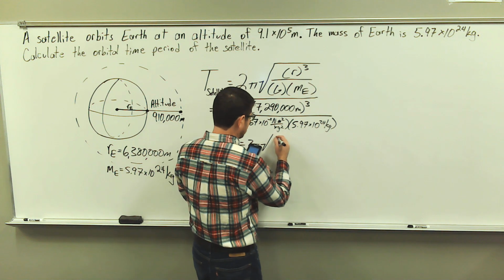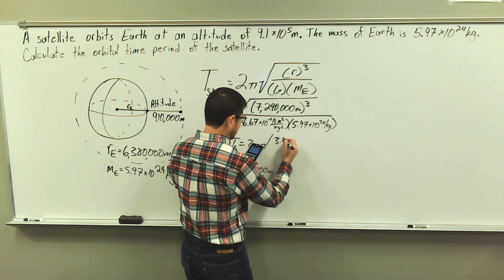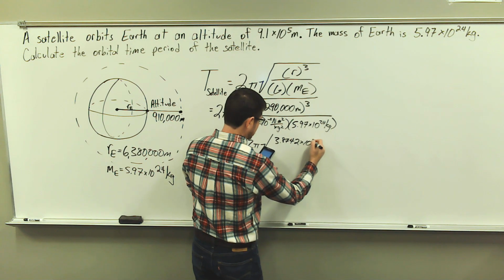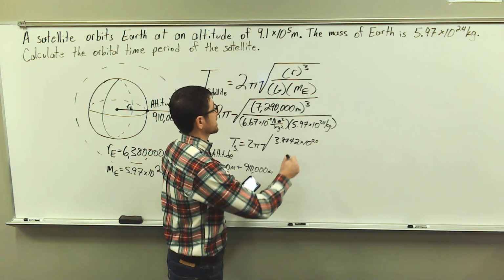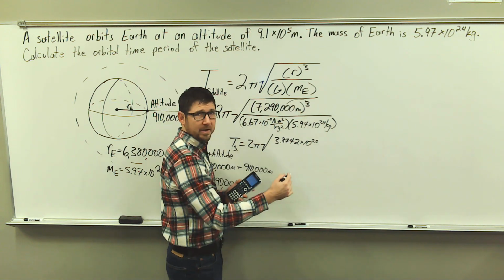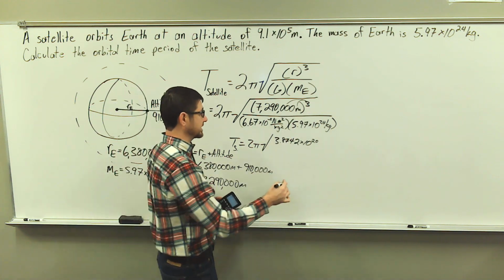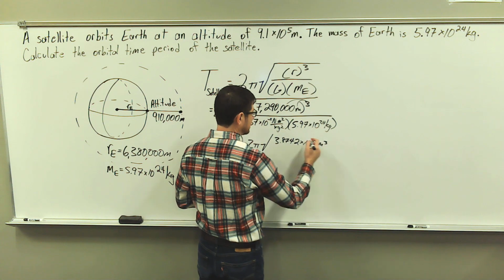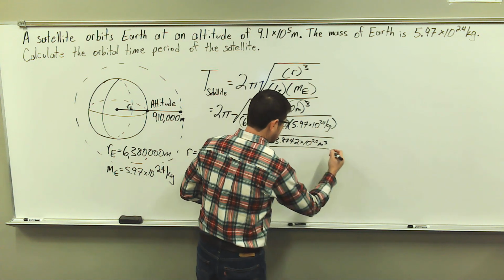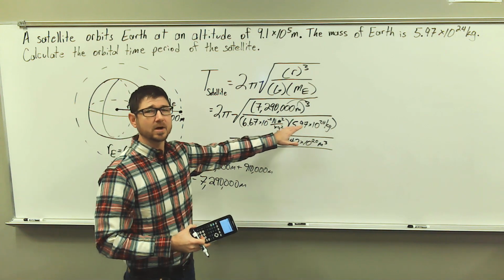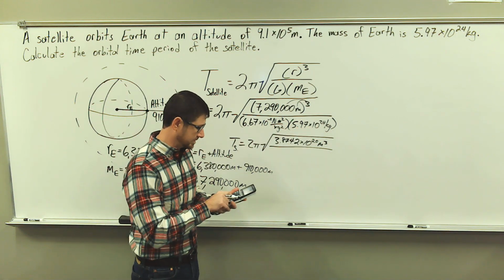We get a very large number, 3.8742 times 10 to the 20th. So not only are we cubing our numerical value, we're cubing our unit value too. So this is going to give us units of meters cubed. Okay? We're going to divide this by the product of the universal gravitational constant and the mass of the Earth.